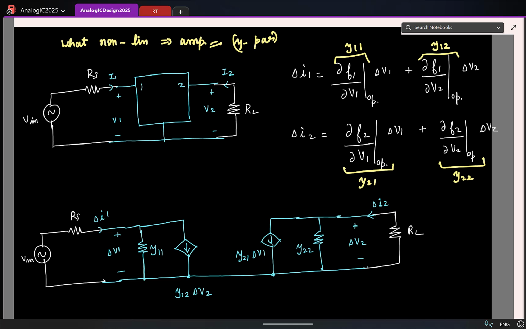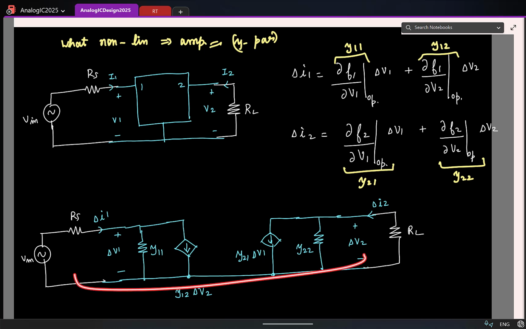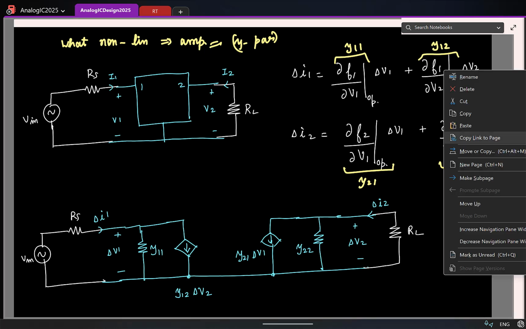I want a very large gain, so from the equation you can find the condition on the Y parameters. Once I know the condition on the Y parameters, I know how the nonlinear characteristic should look. Now of course you have to solve it, but I usually say my life is too short to solve algebra in class, but you have much longer lives, so you solve it later. Instead of solving it, I'll give you a qualitative approach. Let's just see this and wrap up today.